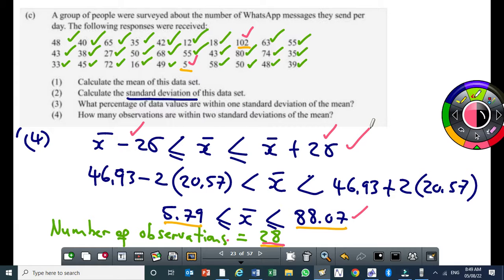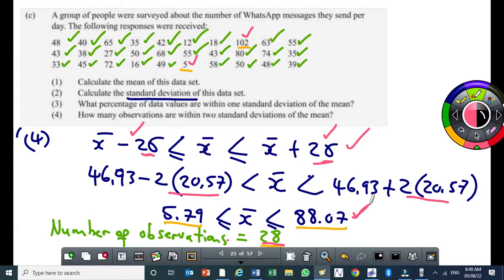If it was 1 standard deviation, we would only put sigma here, and we would only put sigma there. But now it's 2 standard deviations, so we multiply sigma by 2, which is what I did here. Then I found the interval to be between 5,79 and 88,07. Are you following me?